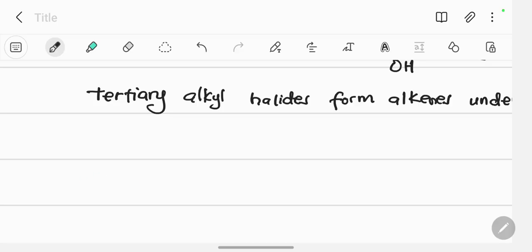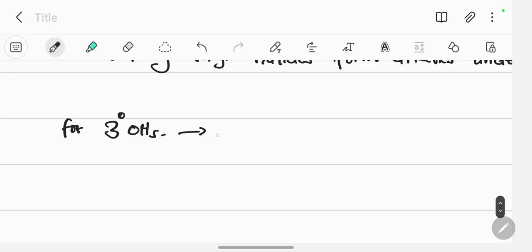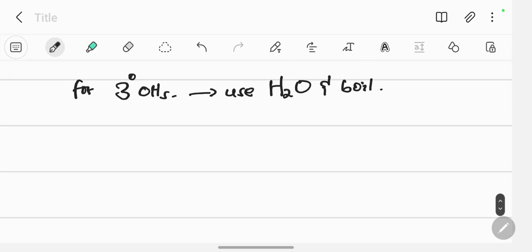So I'm going to say for tertiary alcohols, we use water and you boil it. How? Maybe I'm having such a tertiary alkyl halide having an aromatic ring.